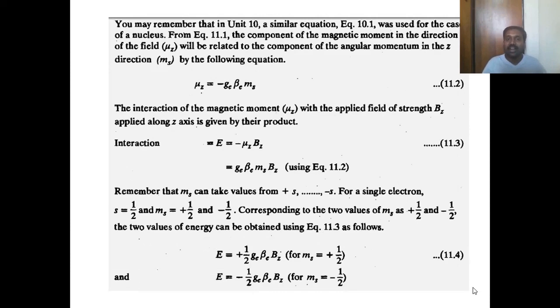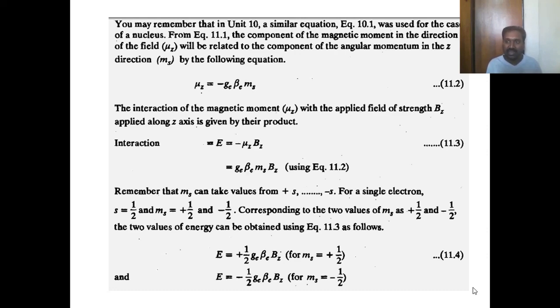Now we come to something interesting. Like the spin angular momentum, which has S as well as MS values.